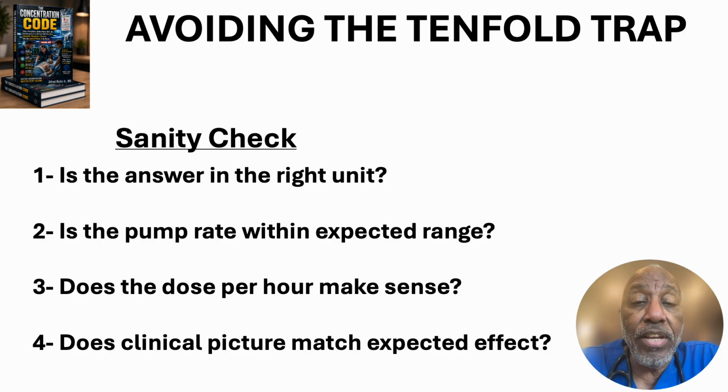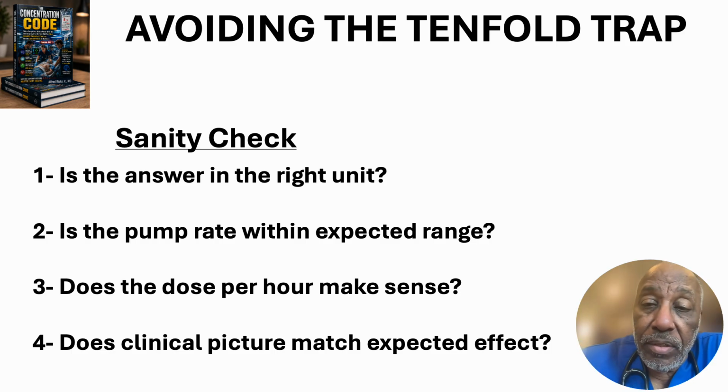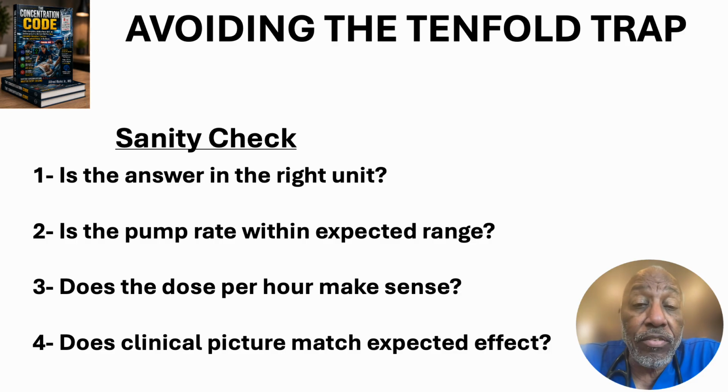If you start a vasopressor at a calculated rate and the blood pressure doesn't move at all, moves dramatically in seconds, or doesn't have the effect you expect, the concentration or the rate may be wrong.